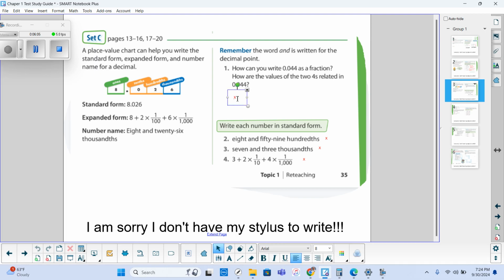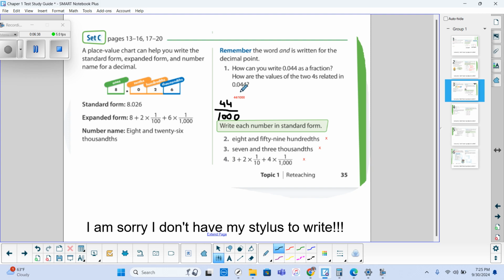So as a fraction, that would be 44 over 1,000. So 44 thousandths, right? Actually, I'll write it this way because it kind of looks weird without the fraction bar up and down. So 44 over 1,000.